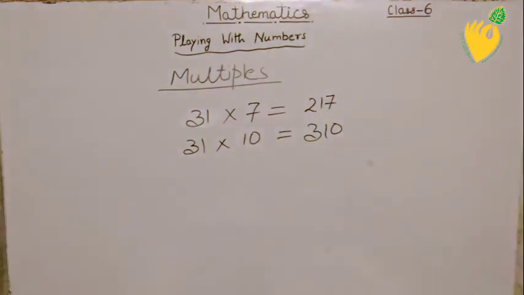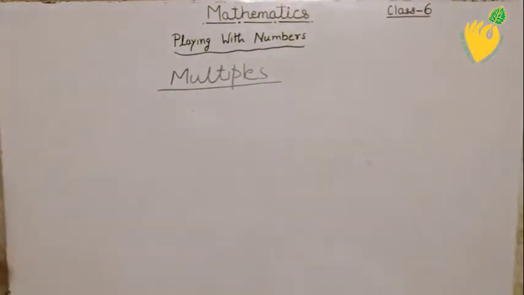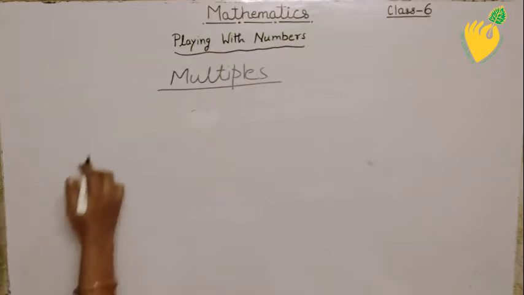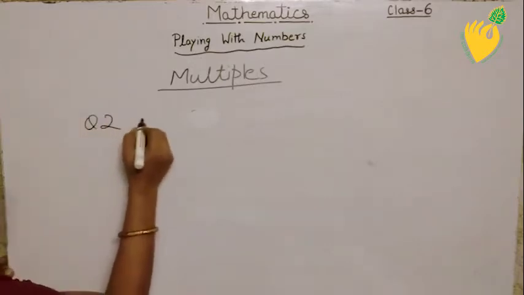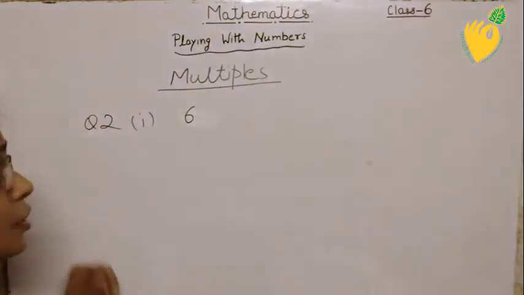Let's take the questions from the book, students. That is from the Learning Check 3.2. The questions are: write the first five multiples of the following numbers. The first number given in the book is 6.